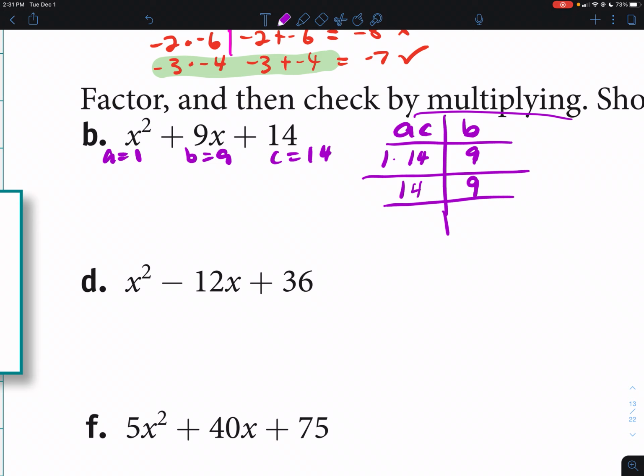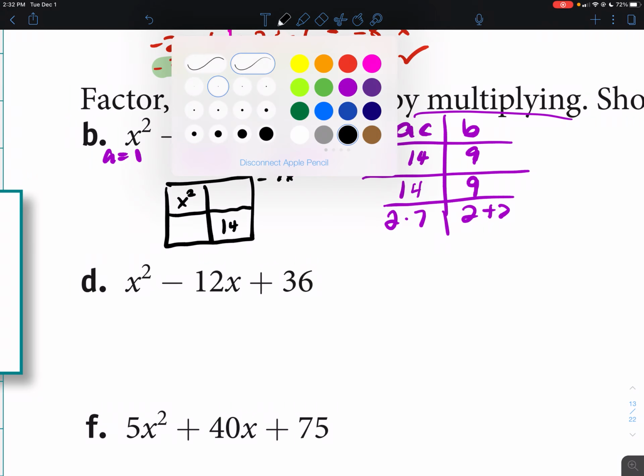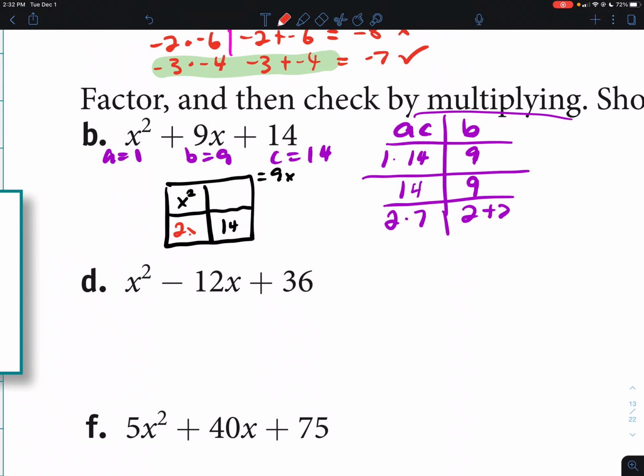And those numbers are going to be 2 times 7 and then 2 plus 7. So in our box, our x squared goes here, the 14 goes here, and these two in the middle have to add up to the 9. So that's going to be 2x plus 7x.